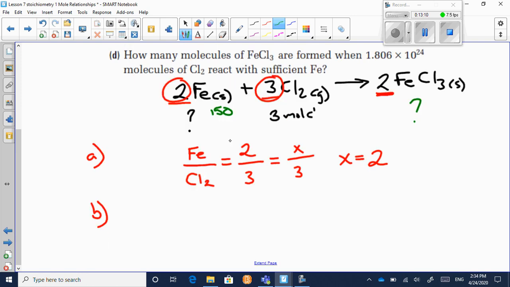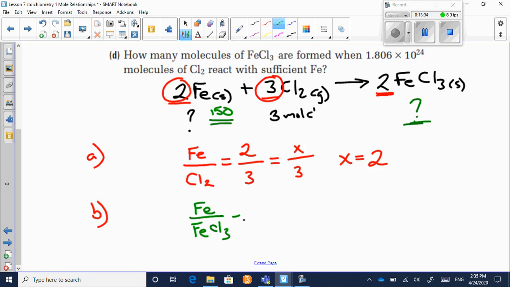Well, you always start with your ratio. So look at this. I'm going to do a ratio of Fe, in this case now, to FeCl3. The reason why I'm doing it is because that's the one I've been given something about. I've been given that I have 150 of them, and this is the one that I'm trying to solve for.